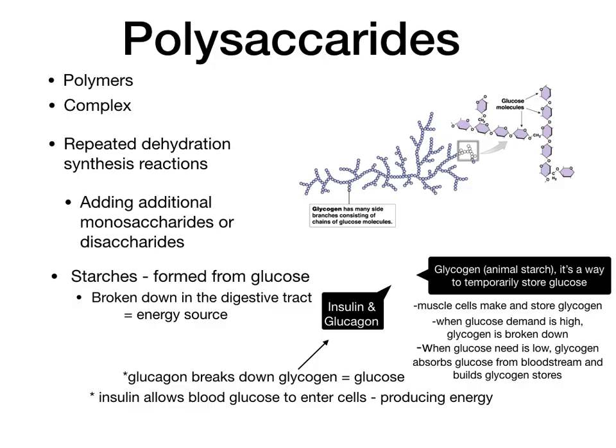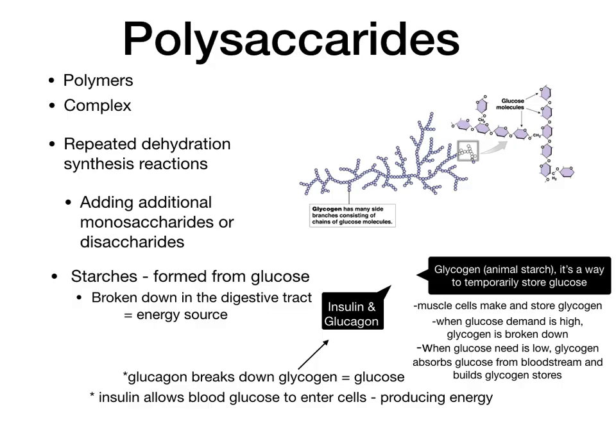Starches are formed from glucose, which are broken down in the digestive tract and create our energy sources. So by consuming polysaccharides, we have an energy storage because it takes time to break those starches and the glycogen down in our body, therefore storing that energy for a little bit longer.